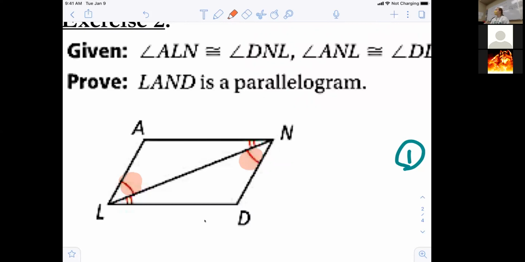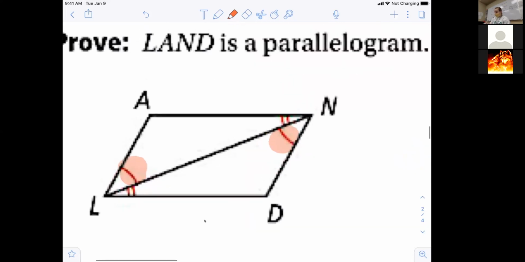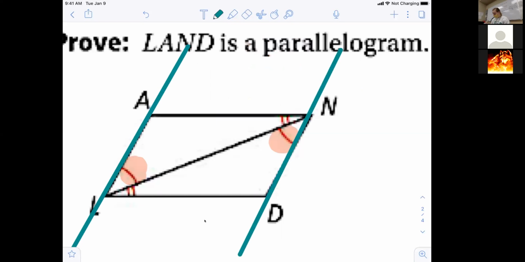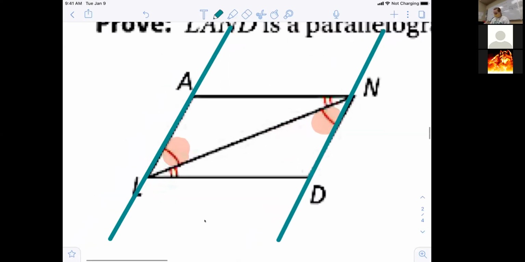Yes, again, that's there, but that's not what I want to use. Let's think about it this way. What if I extended some lines? You guys all came up with really good points, but this is how I want to prove it a different way. If I drew these lines, and I drew a transversal in here.